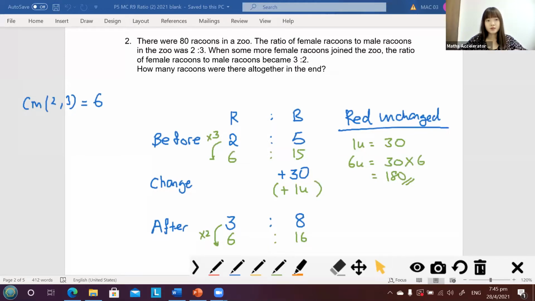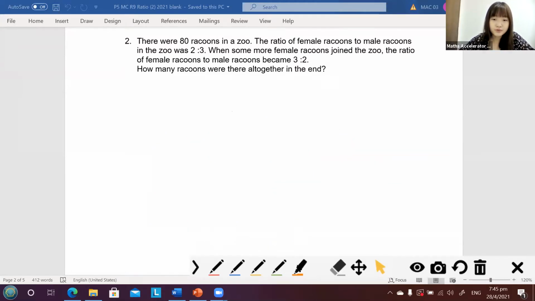Okay, let's look at question 2. There were 80 raccoons in a zoo. The ratio of female raccoons to male raccoons in the zoo was 2 to 3. When some more female raccoons joined the zoo, the ratio of female raccoons to male raccoons became 3 to 2.